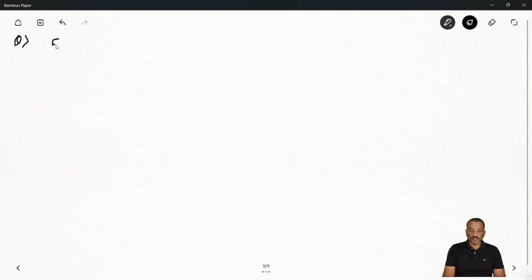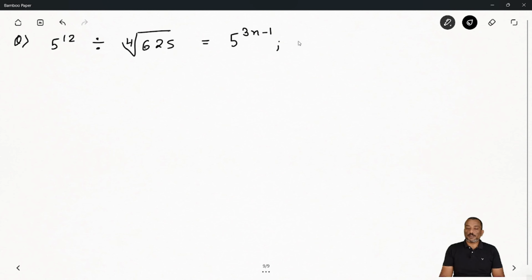So question is 5 raised to power 12 divided by fourth root of 625 is equal to 5 to the power 3n minus 1. Okay, you have to solve this one and you have to find the value of n.